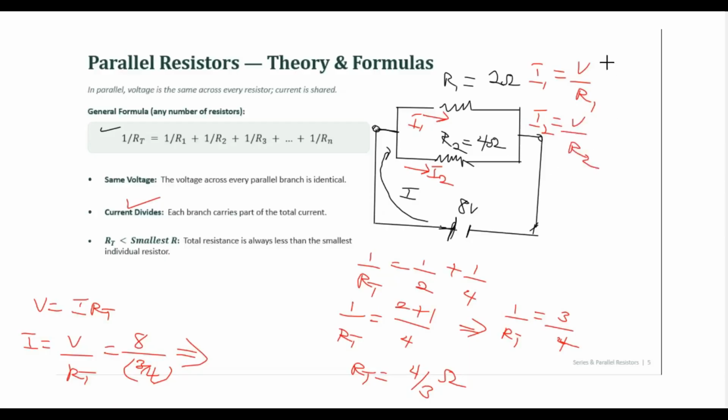So I1 is 8 over 2, sorry, 4 amperes, right? And then I2 is going to be equal to 8 over 4, and that's going to give us 2 amperes, right?